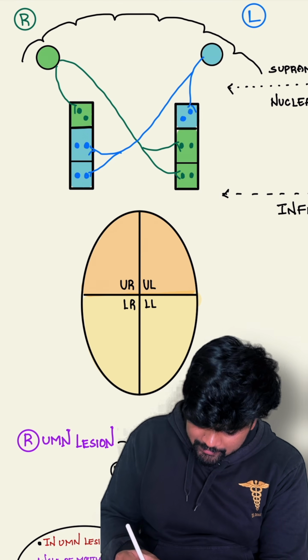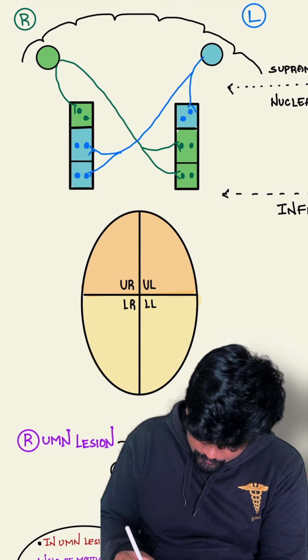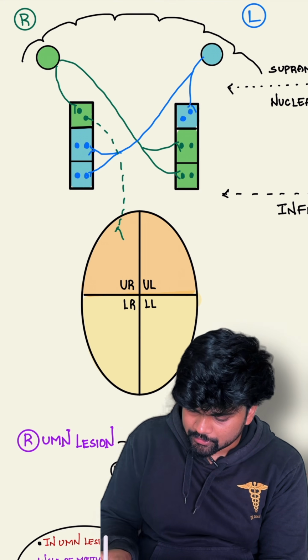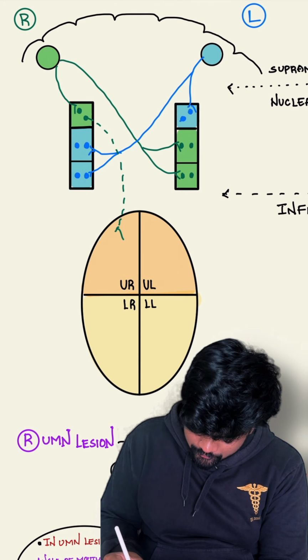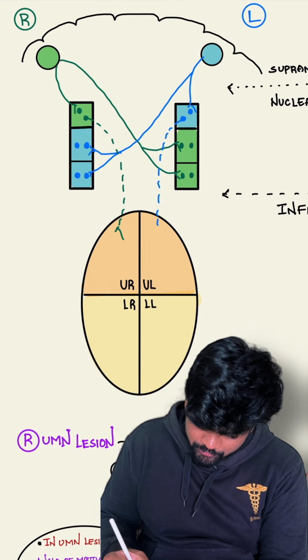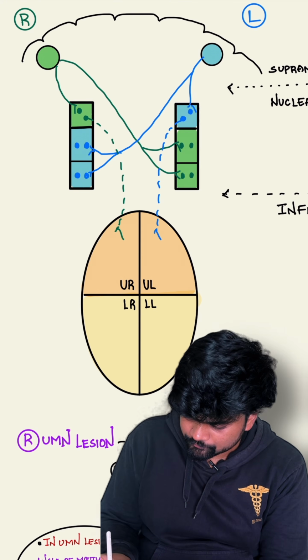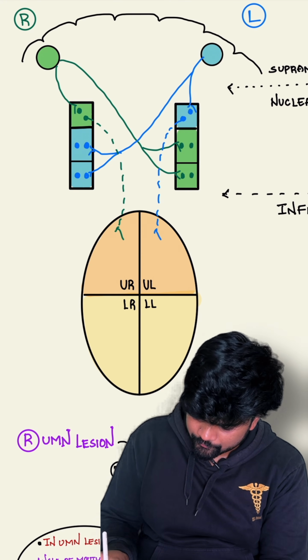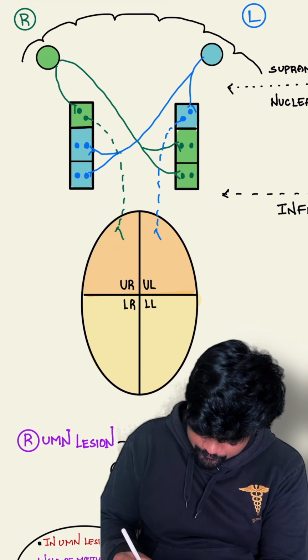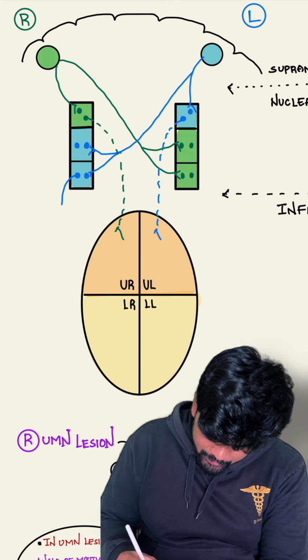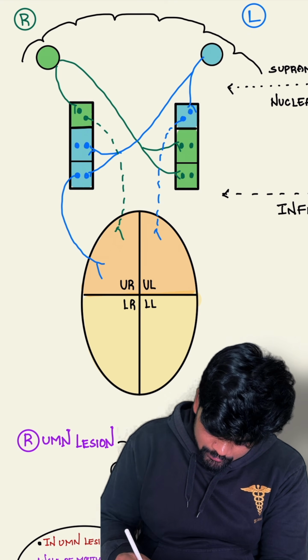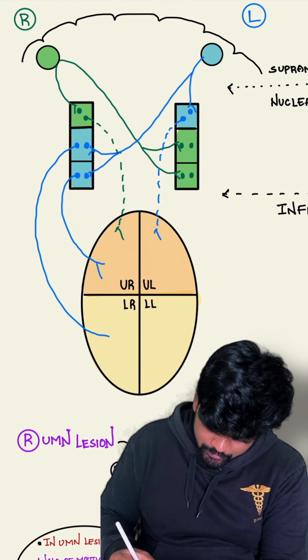Now this right upper part will control the upper right quadrant. Now the left upper part will control the left upper quadrant. Similarly, these lower parts, one part will be controlling the upper quadrant, the other part will be controlling the lower quadrant.